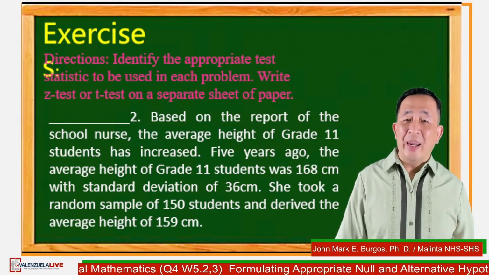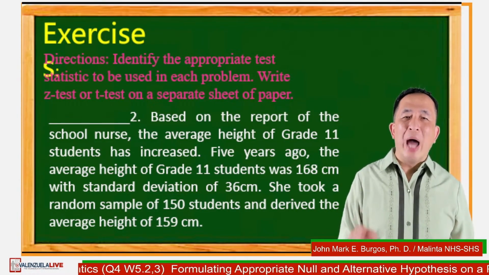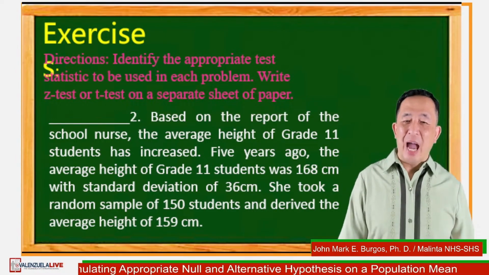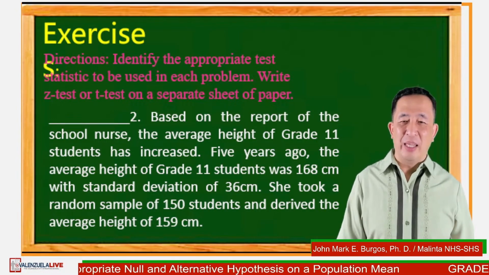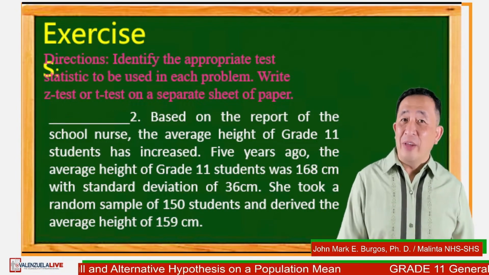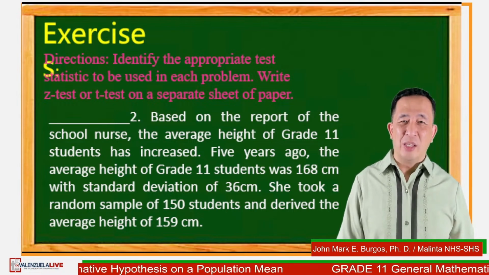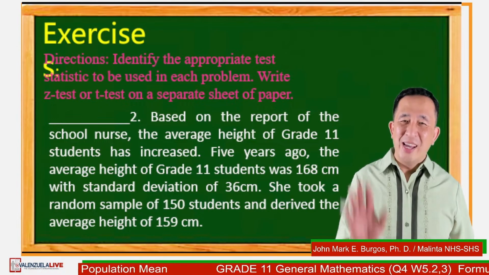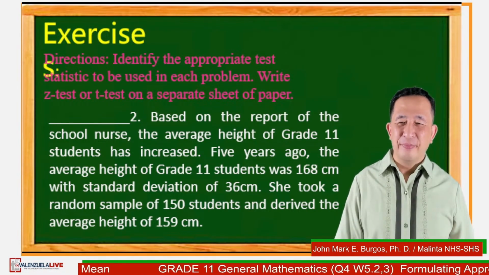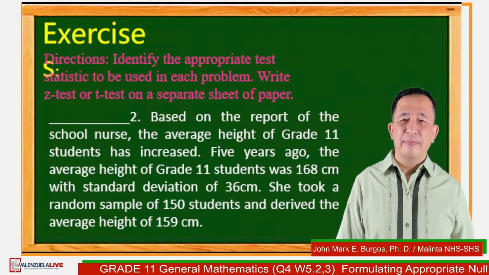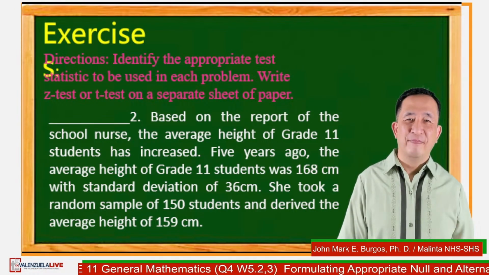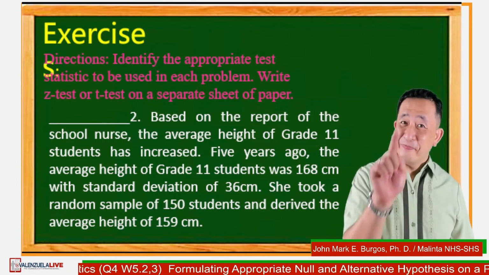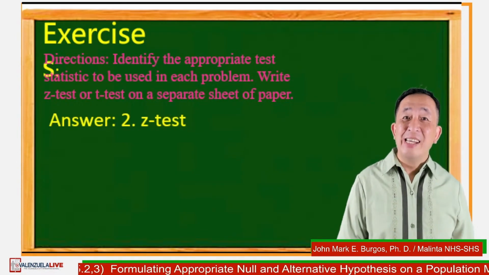She took a random sample of 150 students and derived the average height of 159 centimeters. Remember, that is 150 students. So what statistic test are we going to use? 10 seconds. Yes, you are correct. It's z-test.